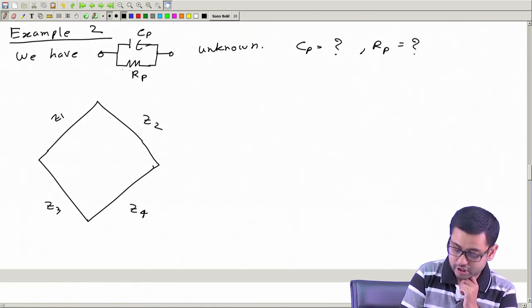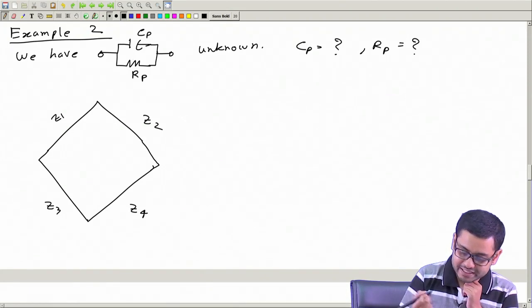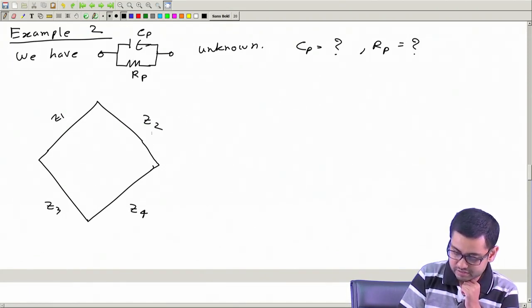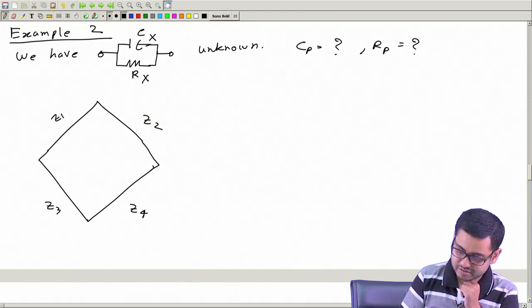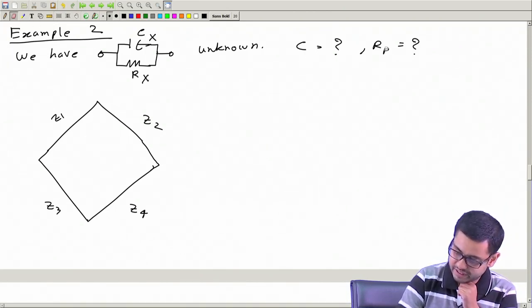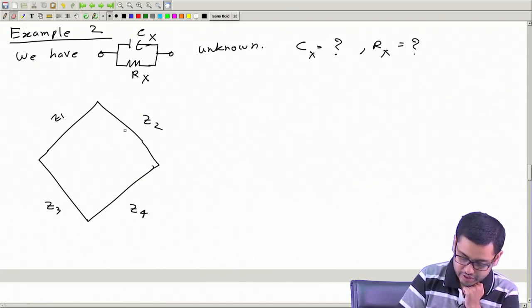Okay. Now, the task is to measure this. To measure this, let me put this unknown in one branch. Let me call it x, x for unknown. Here also x. So let me put the unknown, say in one branch.